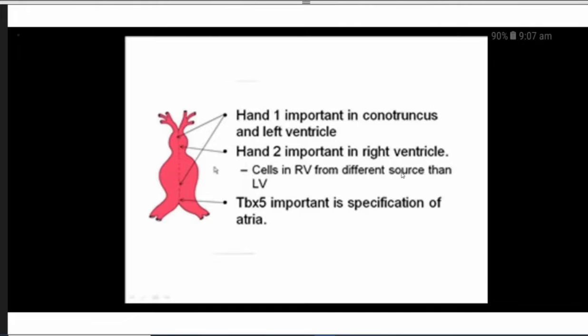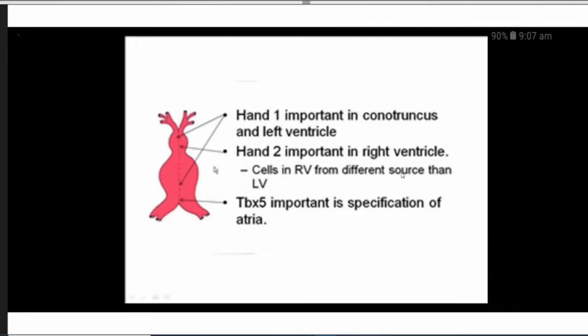Now, when these happen, each step needs certain genes which are instrumental in taking forward these steps. So these genes like HAND1, HAND2, TBX, etc. are important in these mechanisms.